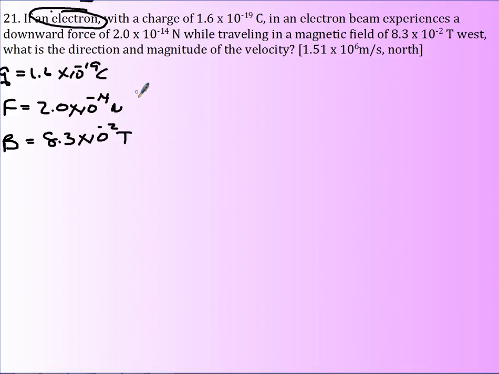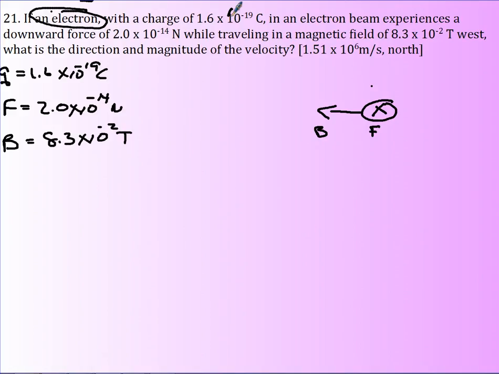What was the direction and magnitude of the velocity? All right, let's go on and figure out the direction. An electron experiences a downward force. So F is downward. So this is F. All right, while traveling in a magnetic field that is to the west. So B is to the west.